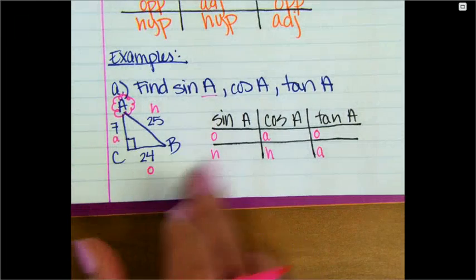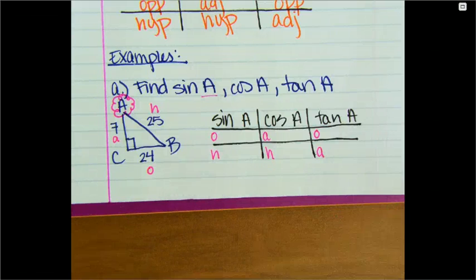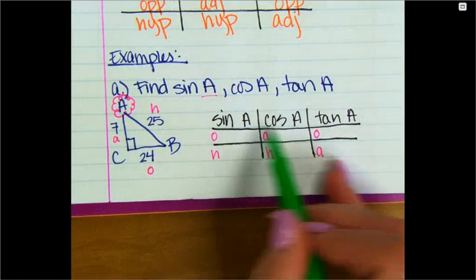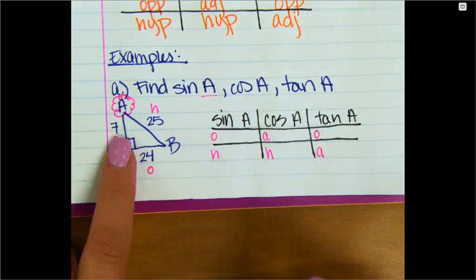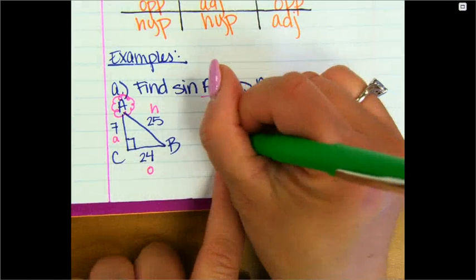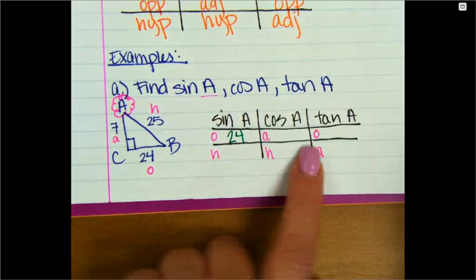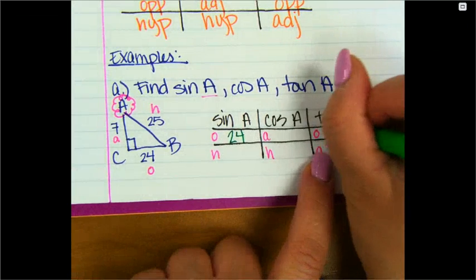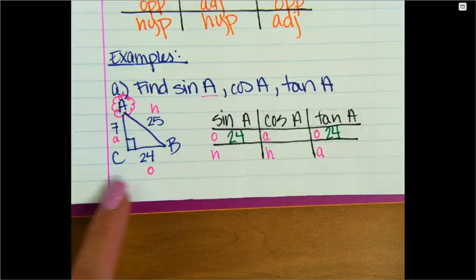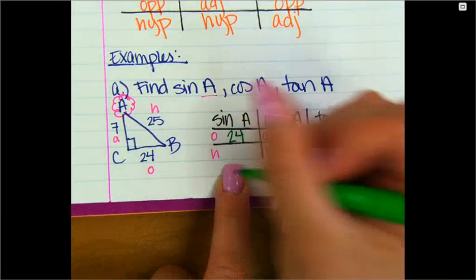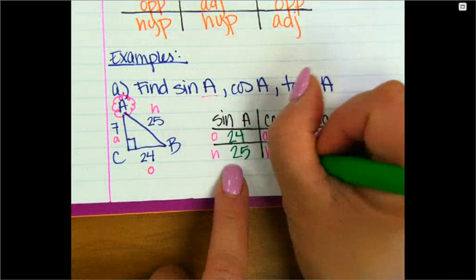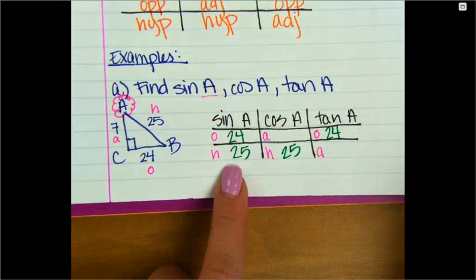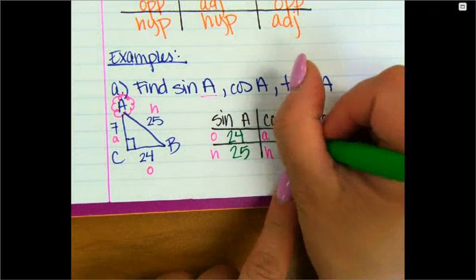So I like to put the letters there so I can figure it out. Do you understand? Now, I just fill it in on what I know. So I like to just start here and kind of go down and across. So what is the opposite? Which one is labeled opposite? 24. Is there another opposite in this picture? Yeah, it's over here on tangent. Got it? Do I have hypotenuse? What is it? There is another one there. And what's your adjacent? 7.